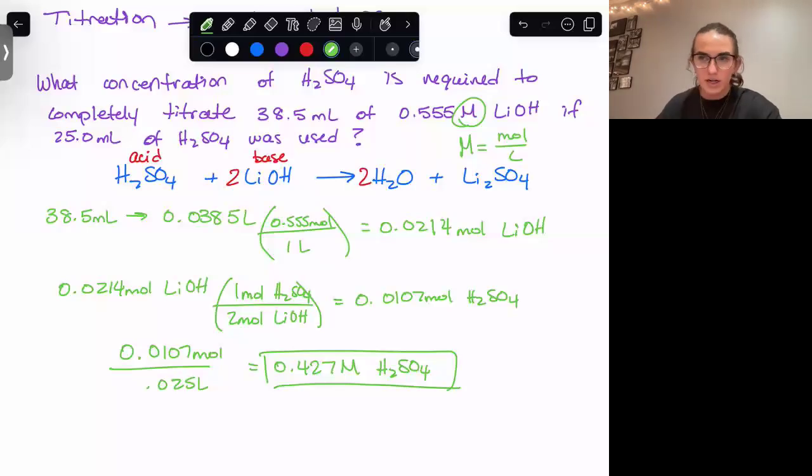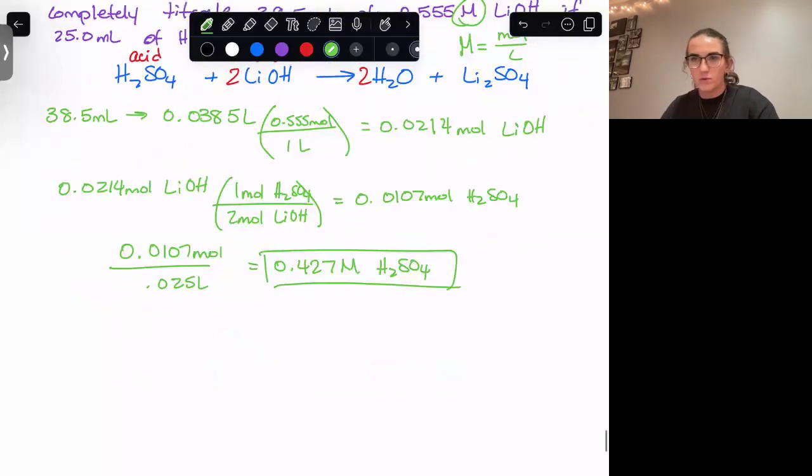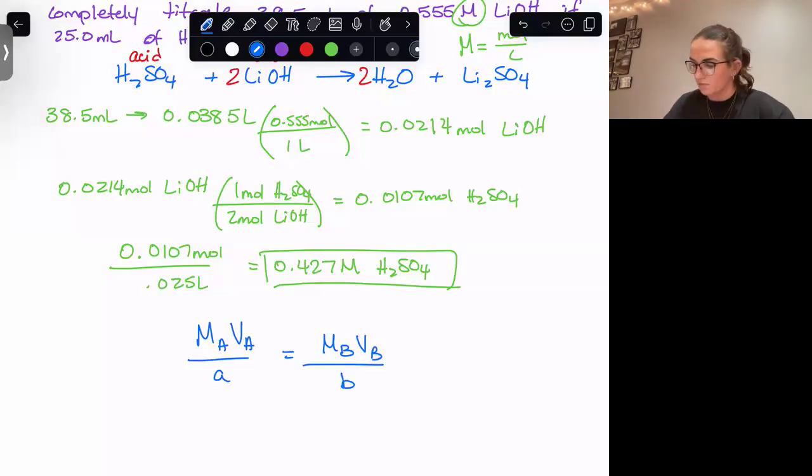If you want to check your answer, there is a version of M1V1 equals M2V2. It is the molarity of the acid times the volume of the acid divided by the coefficient in front of the acid, equal to the molarity of the base times the volume of the base divided by the coefficient of the base.